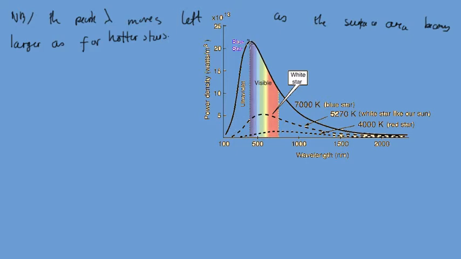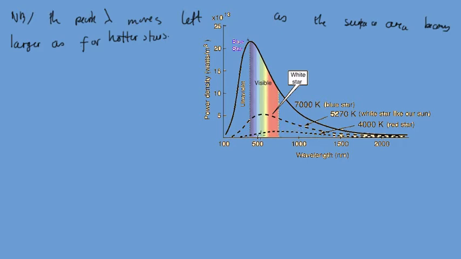So you see the peak wavelength is to the left, and this has got the biggest surface area under it. So this is going to be the hottest star. This one here, the peak wavelength is lower intensity, and it's moved a wee bit more to the right. And this is a white star. It's still quite hot, but it's not as hot as a blue star, and so on and so forth.